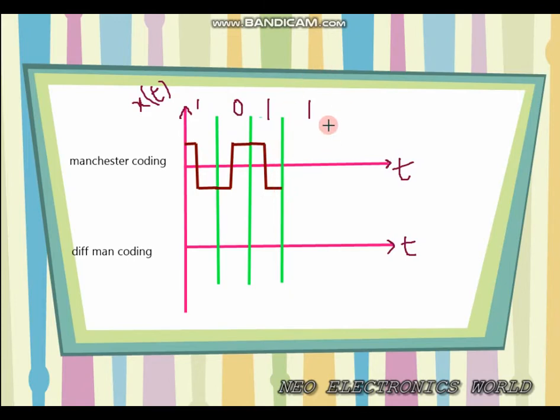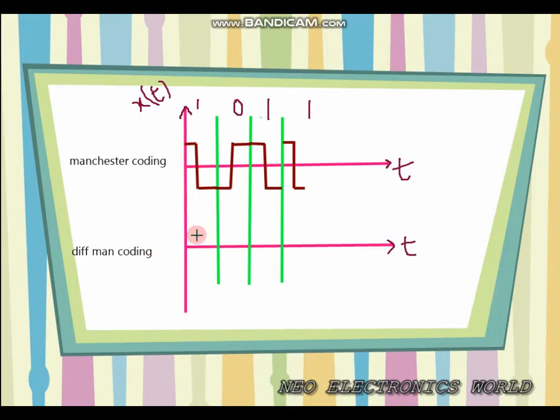If another one comes here, one half is positive amplitude, the other half negative amplitude. Then if 0 comes here, again it comes here and goes here. That's what happens. This much is needed.